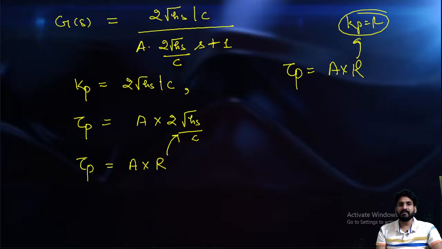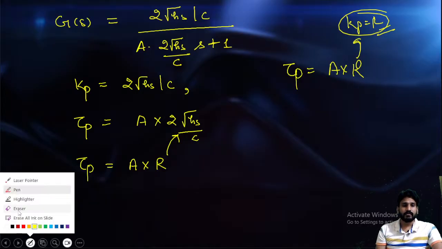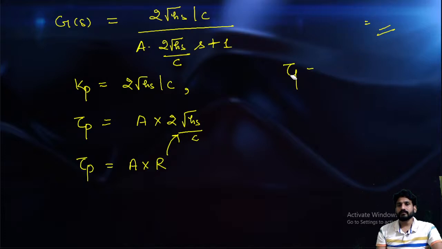So whatever the Kp is, that is your R value. So just remember the Kp, and if you multiply the Kp by A, then it is your tau p. Yes or no?